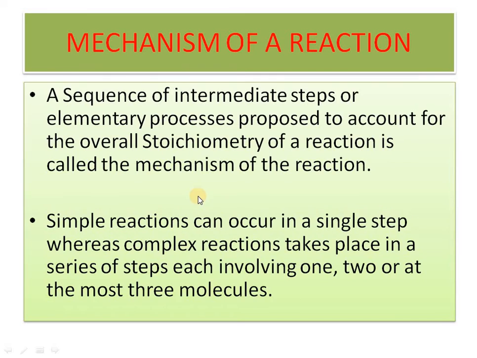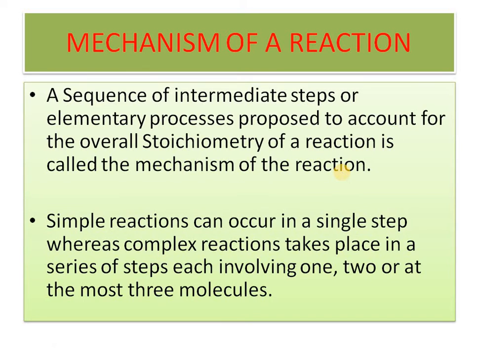Next is the mechanism. This is one of the important topics. You should understand it properly. It's very easy, not much difficult, but seems difficult, also like pseudo. How? Let us see. A sequence of intermediate steps or elementary processes proposed to account for the overall stoichiometry of a reaction is called the mechanism of the reaction.